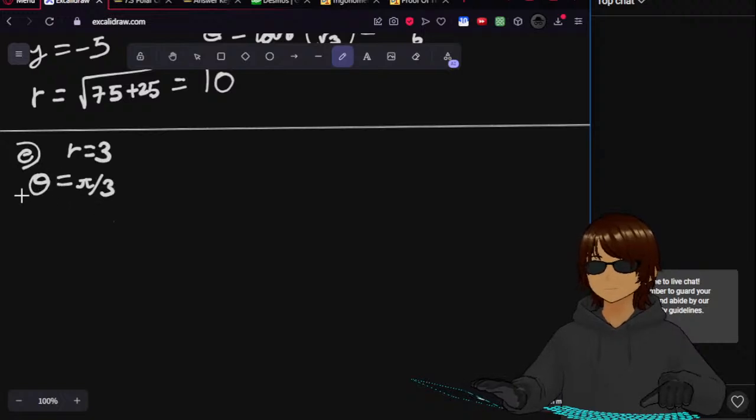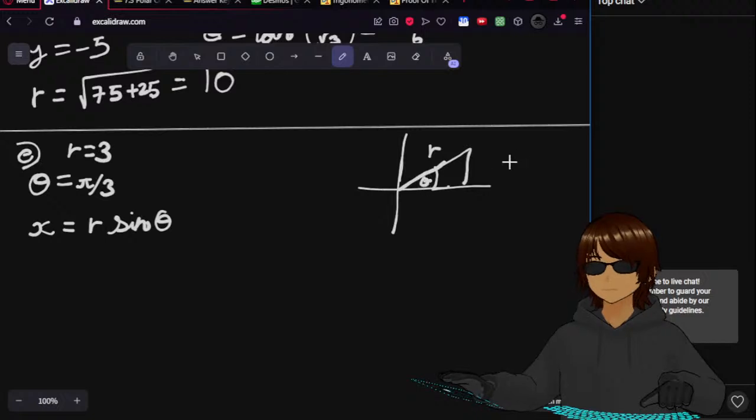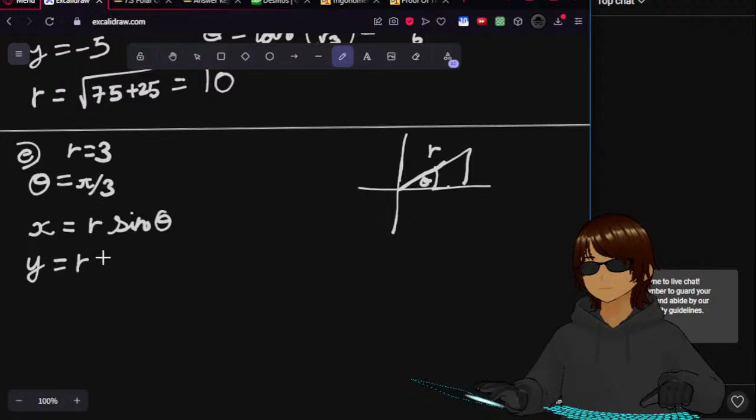Okay, let's see. This is sine theta. Since it's r times, then it's r sine theta. 3 times sine pi over 3.